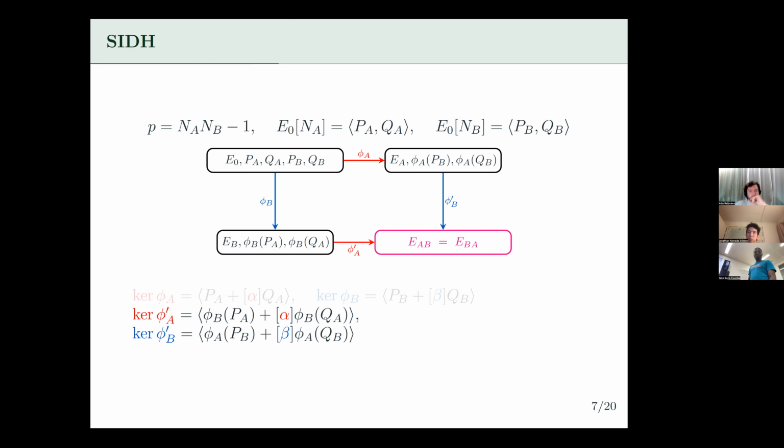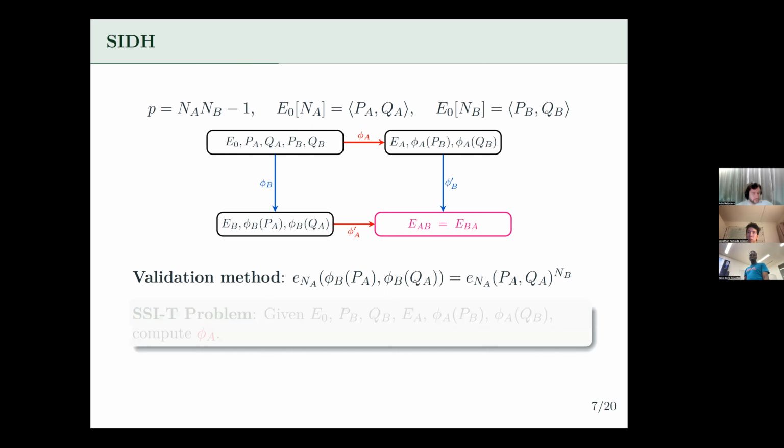So when you have SIDH, the first problem you face is how do you validate public keys? In 2016, I think a paper by Costello and some co-authors suggested that we could use pairings to eliminate some trivial adaptive attacks on the scheme.